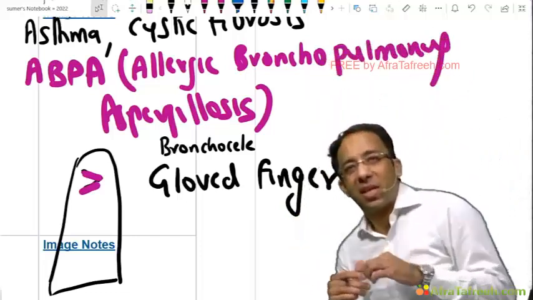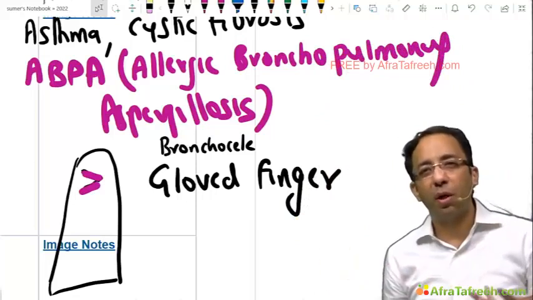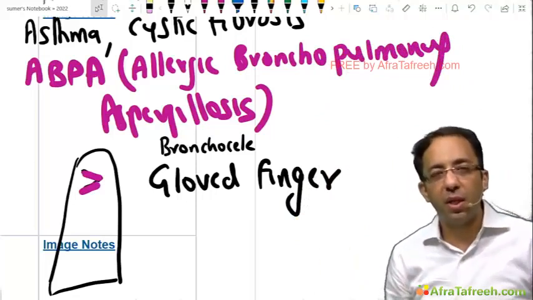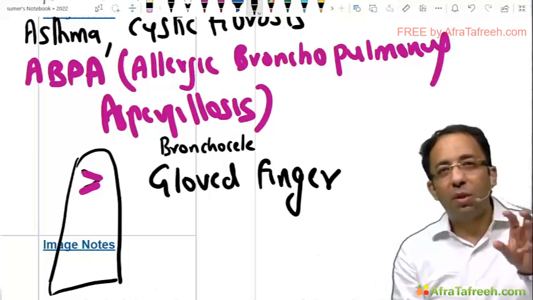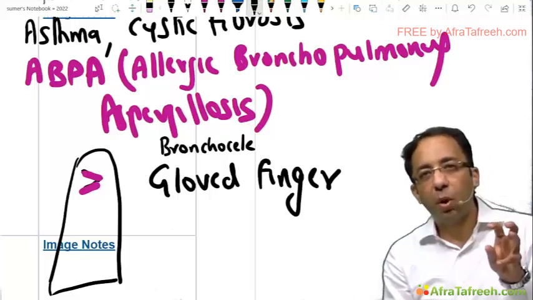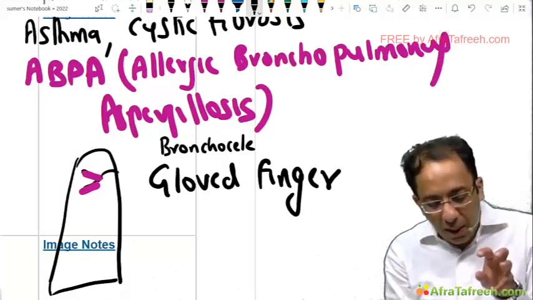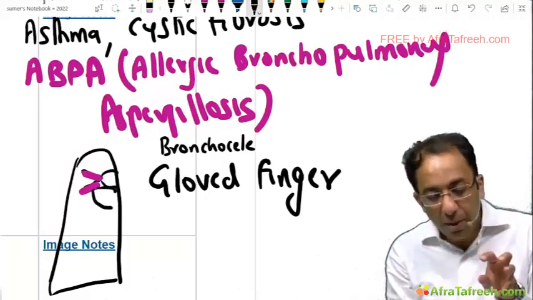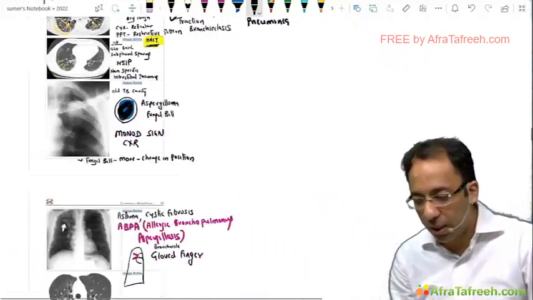Now suppose this allergic process is going on for a long period of time and it is a chronic disease. Because of the mucus plugging of the bronchi, it causes obstruction and the central airways start to dilate. I will show you a CT scan.